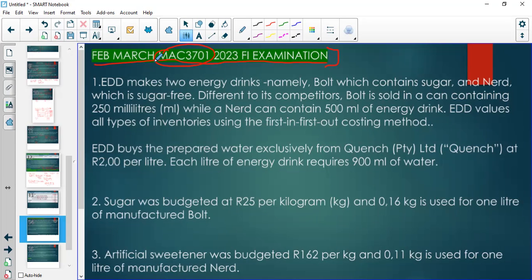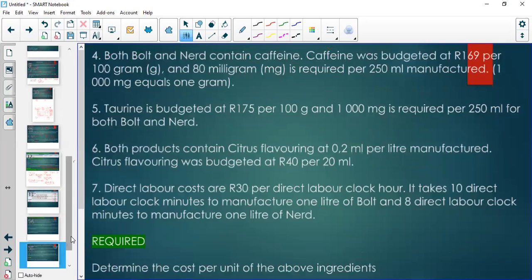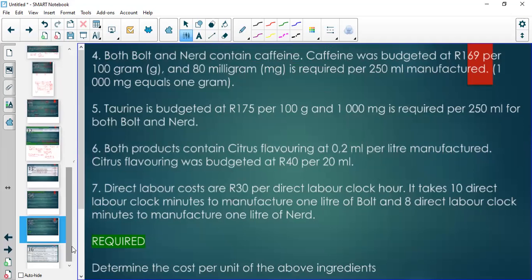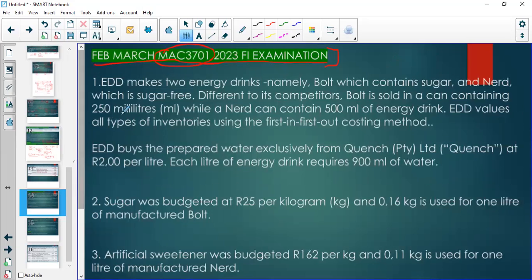Then it tells you a story and wants you to determine the cost. I'm going to demonstrate one, and then the rest I want you to do by yourself. There's an answer at the end, which I will display so that you are able to make sense of it.